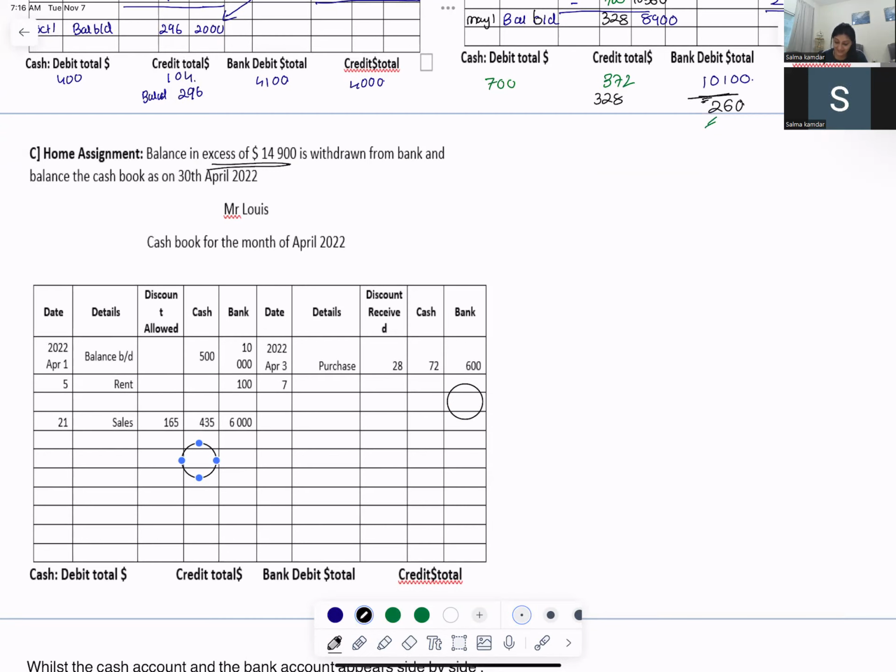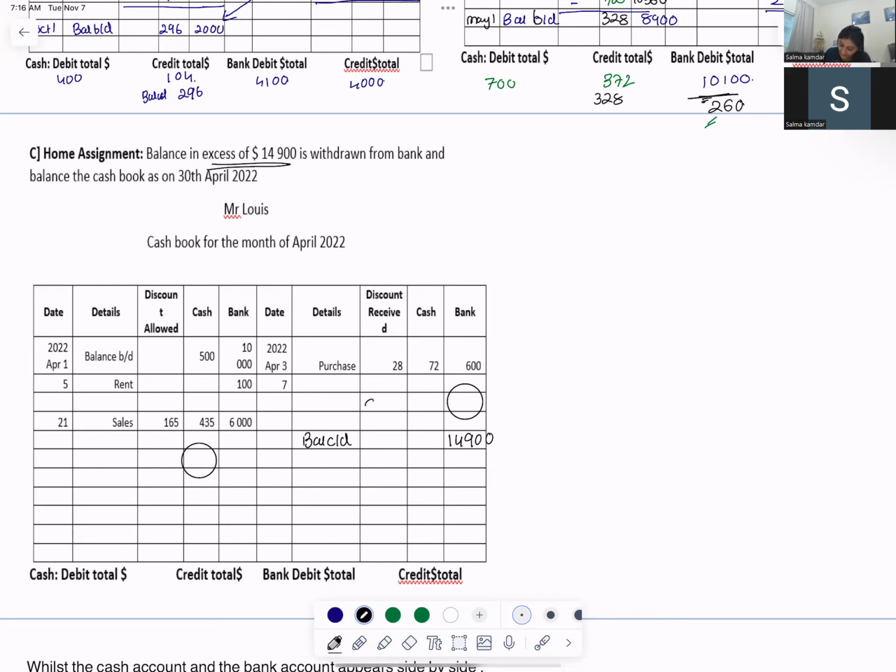Anything that is in excess of 14,900. So 14,900 is the balance closed down for bank.